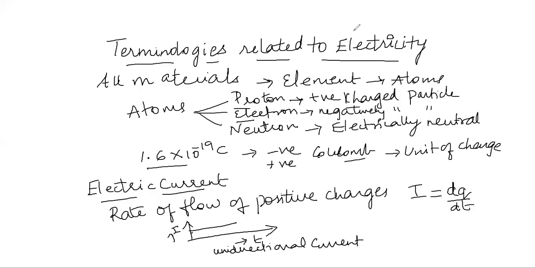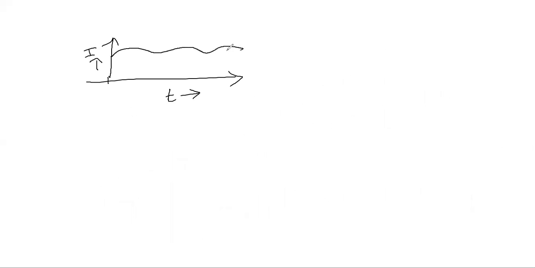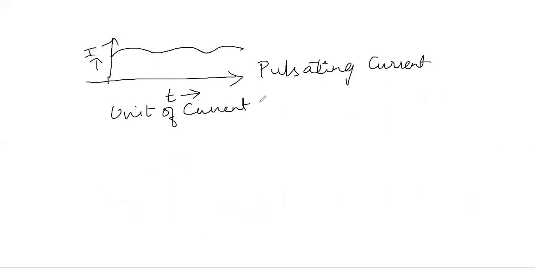Similarly, if we have a current which keeps on changing with the time, if its magnitude keeps on changing with respect to time, we call such a current as pulsating current. And unit of current is amperes.